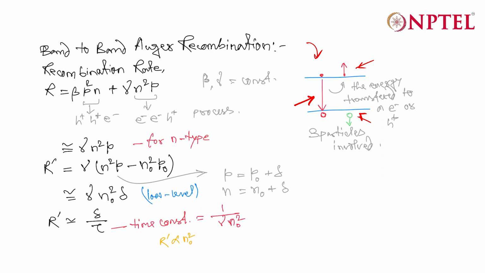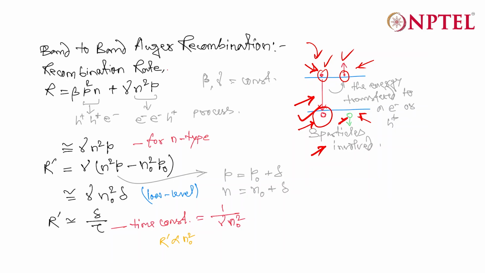So whatever is the excess energy left during the recombination, that gets transferred to another particle. So it's basically a three particle process. There are three particles, either one electron and hole, and then another electron or hole. So you'll find an electron hole process, or you can see an electron hole process, right?